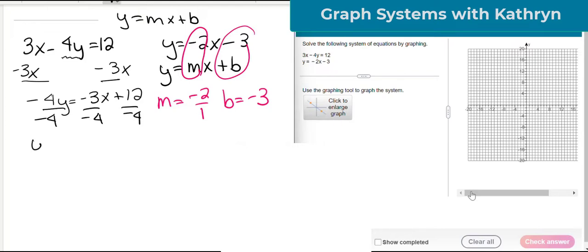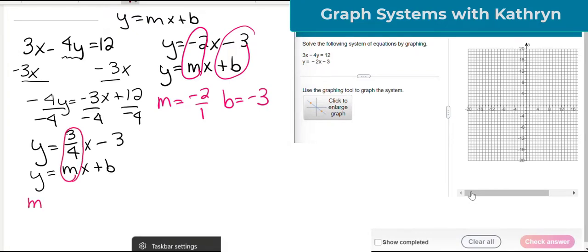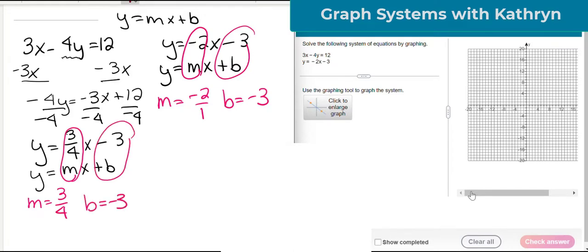So we'll have y equals, now a negative over a negative is positive, so positive 3/4 x, 12 divided by -4 is -3. Now remember, we want to leave everything as a reduced fraction. It's ready for y equals mx plus b. My slope, m, is 3/4, and my y-intercept, b, is -3.